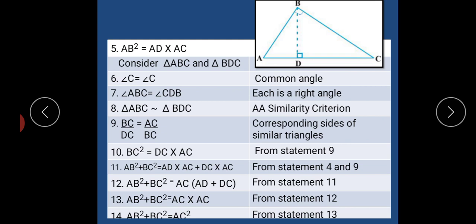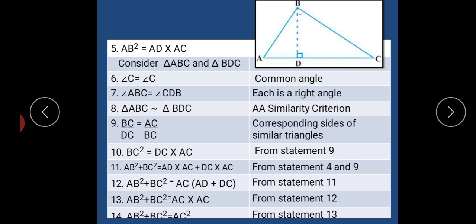AC is common. So what you get in the bracket is AD plus DC. Look at the figure. AD plus DC is AC. So it becomes AC into AC, which is AC square, and thus we get the final result: AB square plus BC square is equal to AC square.